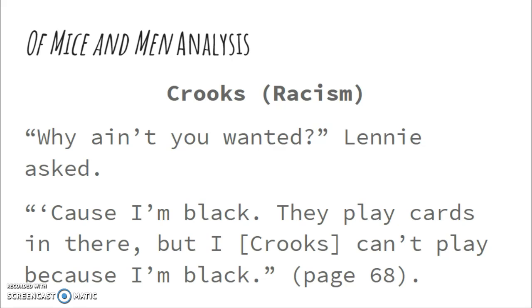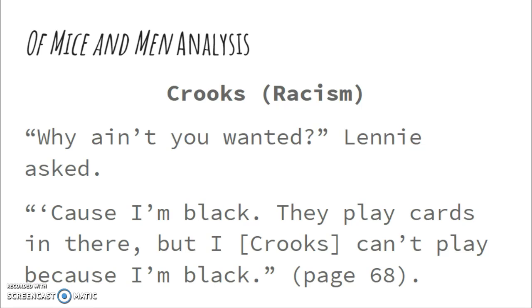The racial epithet used to describe Crooks, the N-word, is used throughout the book and is used pervasively. And this stereotype is used to make Crooks seem less like a person and more of a stereotype. He has no identity. He has no personality. He, to a certain extent, has no humanity or even feelings.